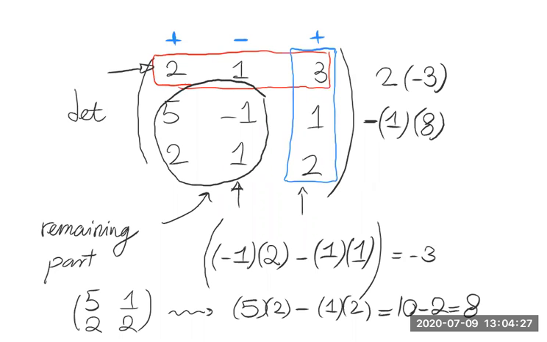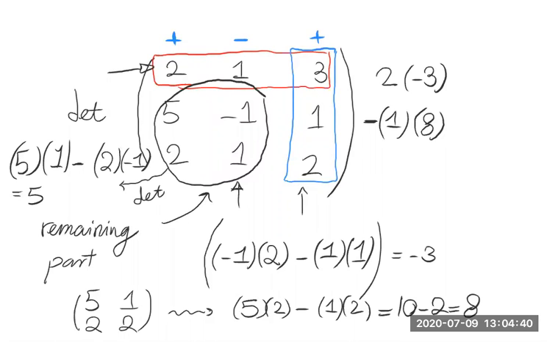I can compute the determinant of this 2 by 2 matrix. It would be 5 times 1 minus 2 times minus 1, which is 5 minus minus 2, which is 5 plus 2, that's 7.